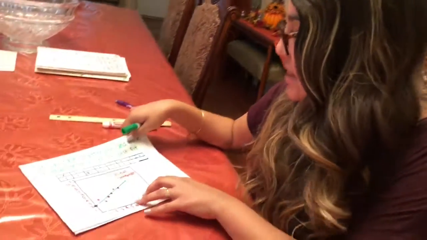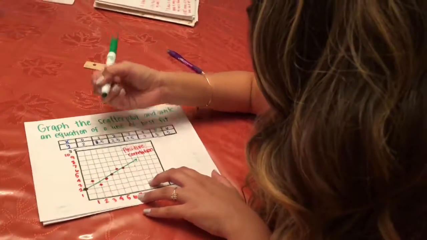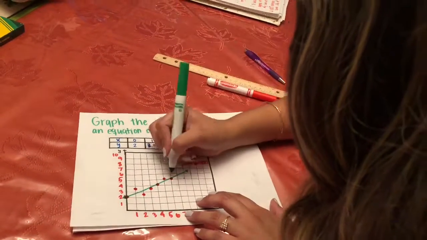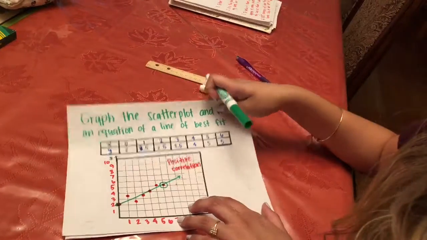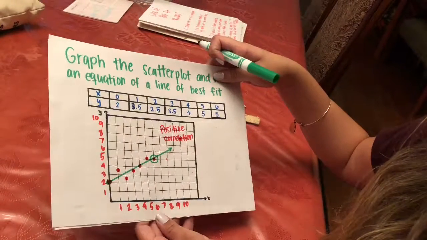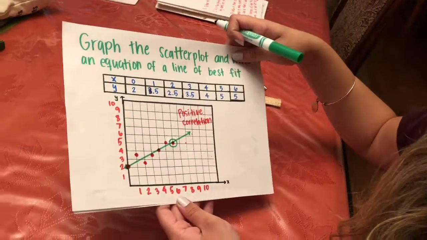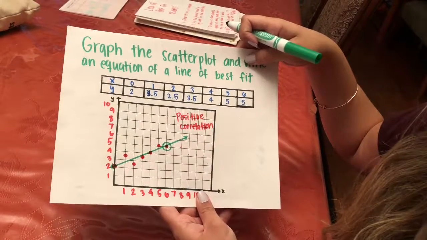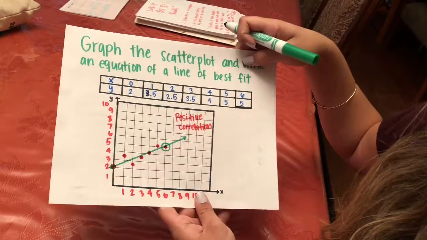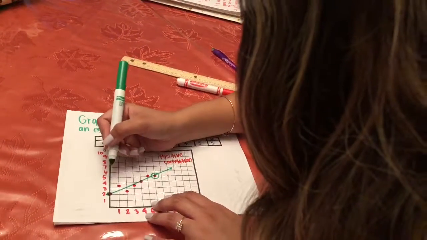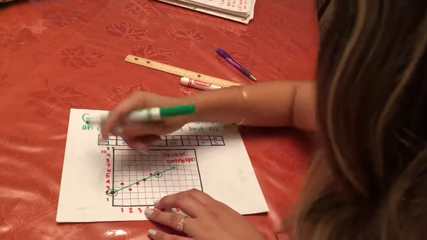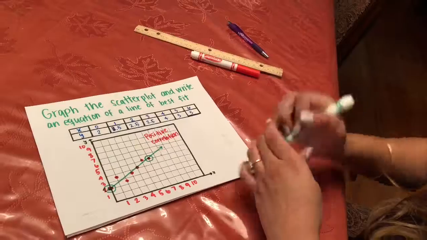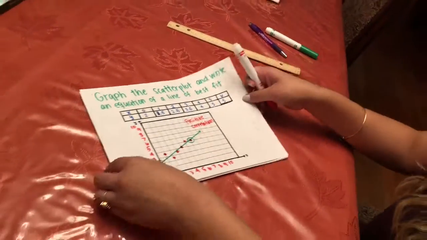So I'm gonna say that I have, let's see, let's choose this point, 6, 6.5, and another good point on the line would be this one right here, 0 and 2. So those are 2 points on our line. And so we're trying to write an equation.